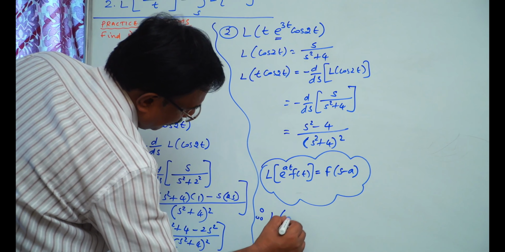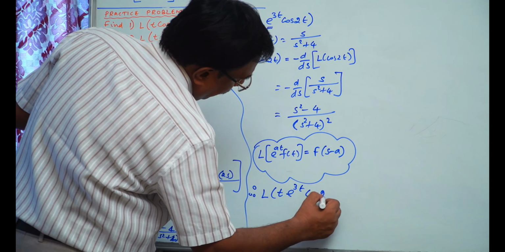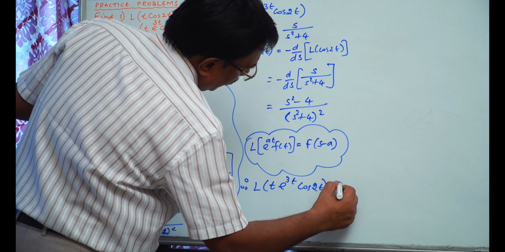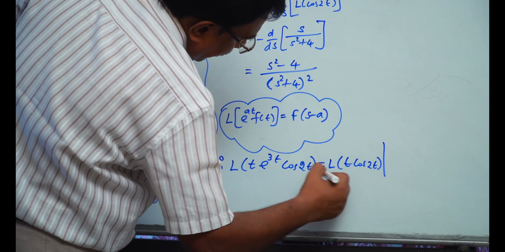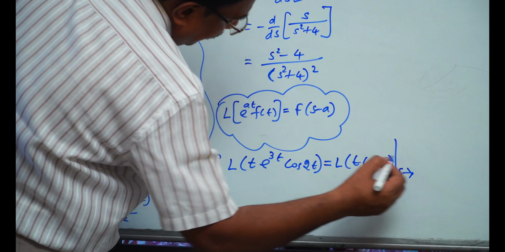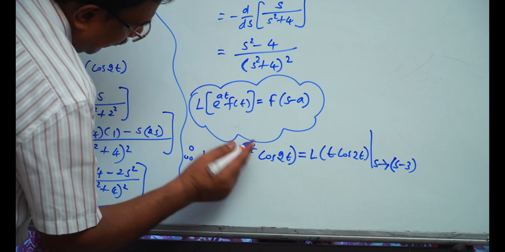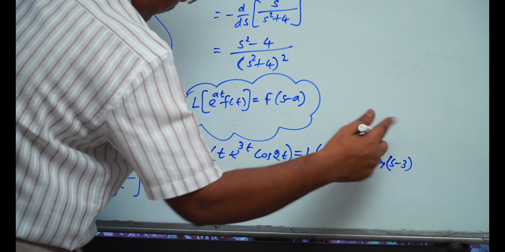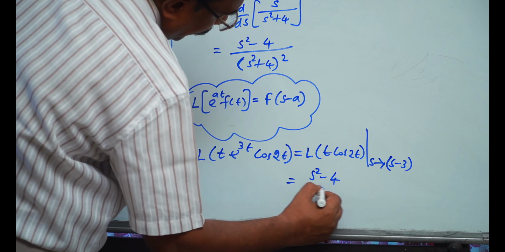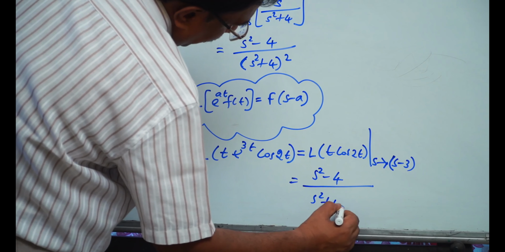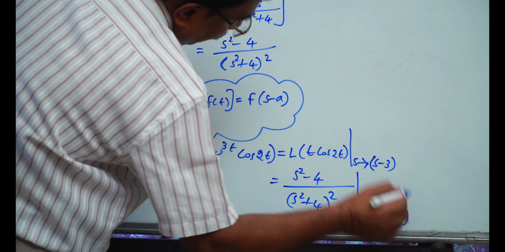Therefore, Laplace of t e power 3t cos 2t is equal to Laplace of t cos 2t, and in this result s is replaced by s minus 3. Remember it is plus 3 here, so I put minus 3 there. So t cos 2t gives s square minus 4 divided by s square plus 4 whole square, where s becomes s minus 3.